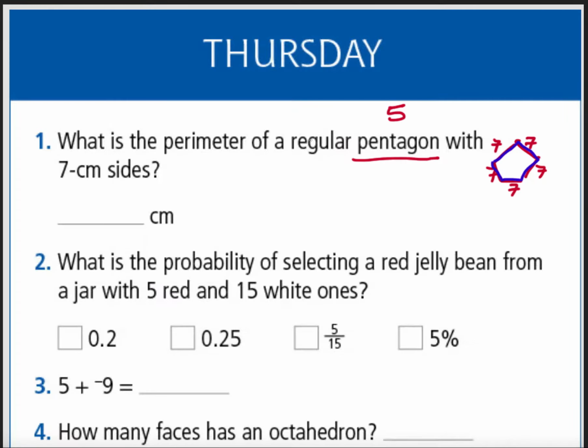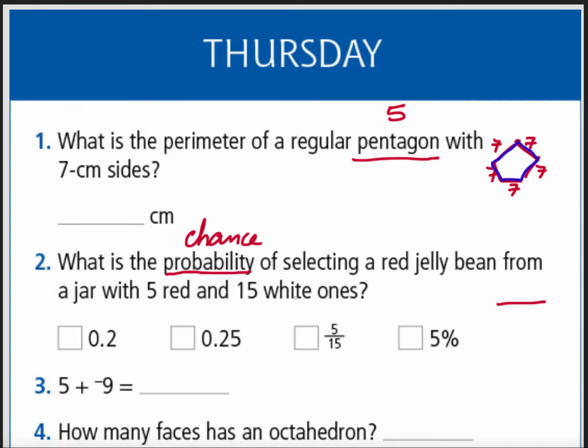Now, question 2, what is the probability? Now, another word for probability is chance. What is the chance of selecting a red jelly bean from a jar with 5 red and 15 white ones? So the first thing we need to do is ask ourselves how many jelly beans are in the jar altogether, and we're going to write that number on the bottom of a fraction.